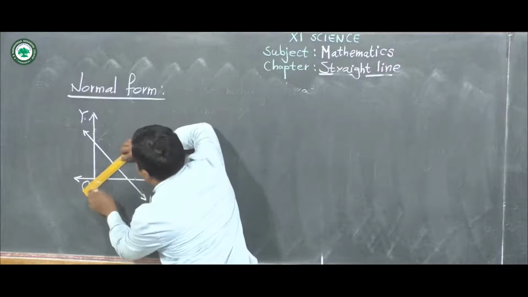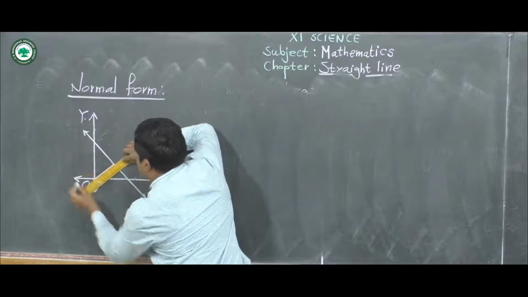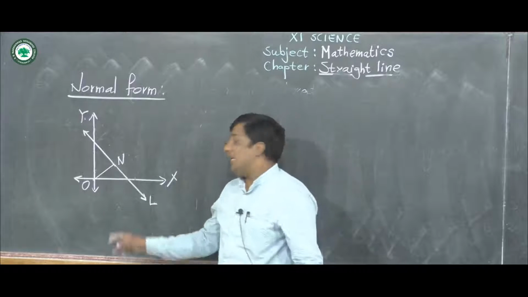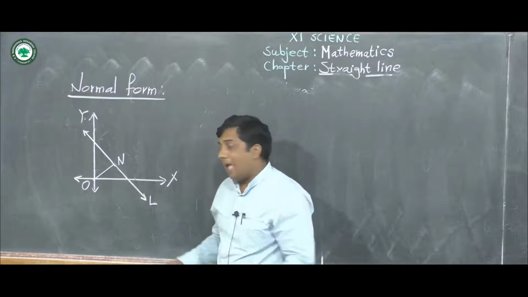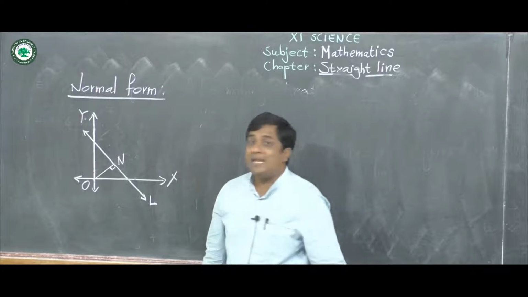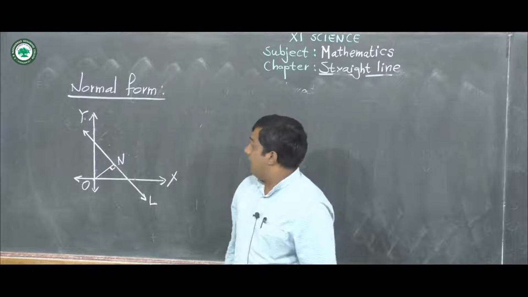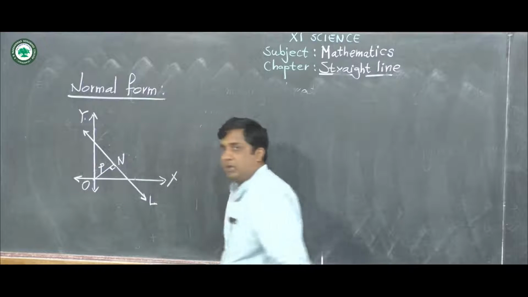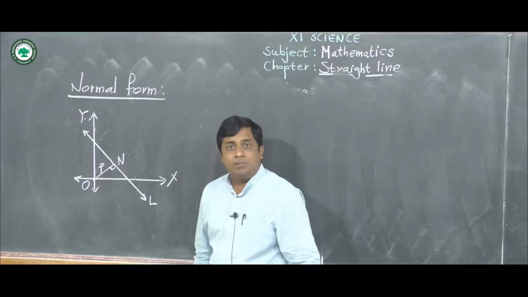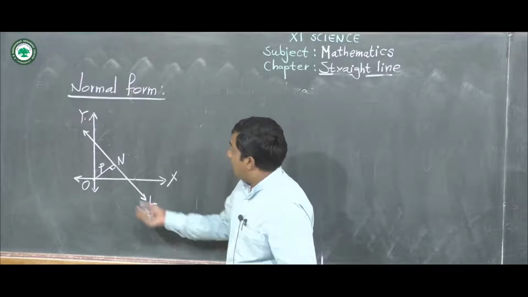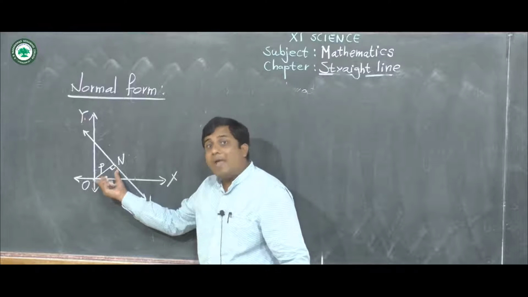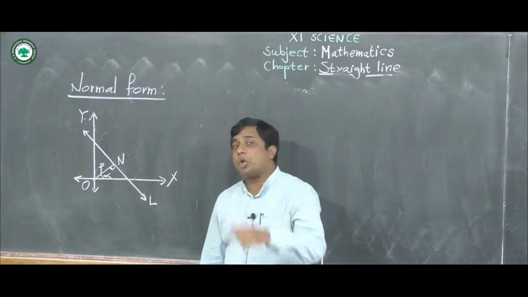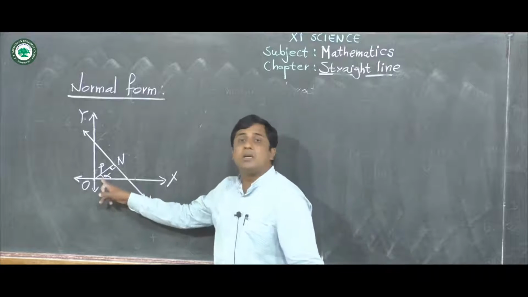Suppose this segment is ON, and ON is perpendicular to the line L. Let the length of this segment ON be P. The angle between ON and the x-axis is alpha, and we consider the positive direction of the x-axis to define this angle.